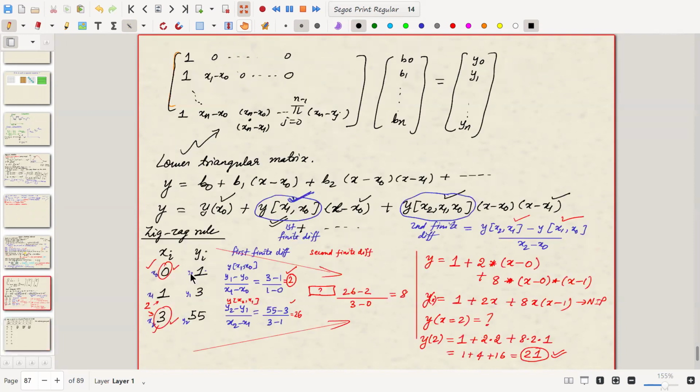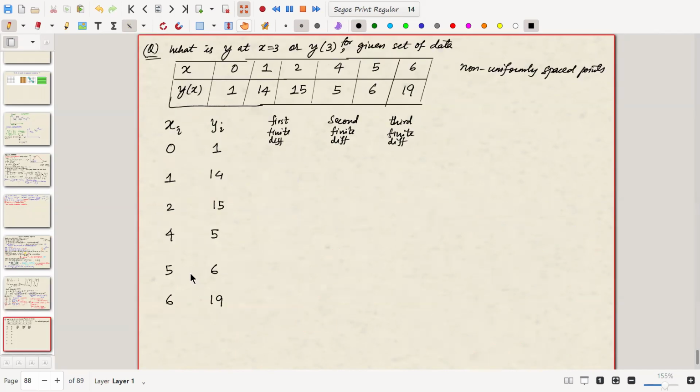Observe that in this formula we got a single point at the end, isn't it? It converged to that point, right? Do this till you converge to a single point. So consider the fourth finite difference, then the fifth finite difference. And this is quite easy, easier than you think.